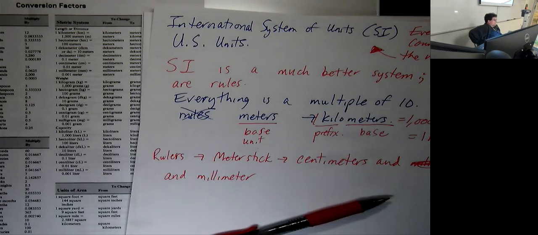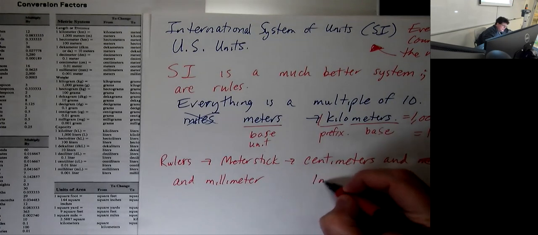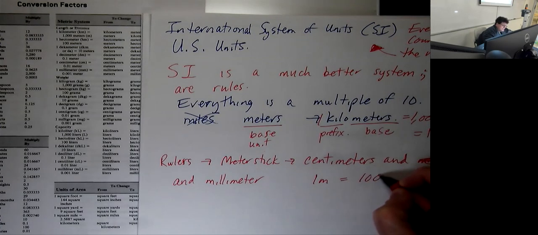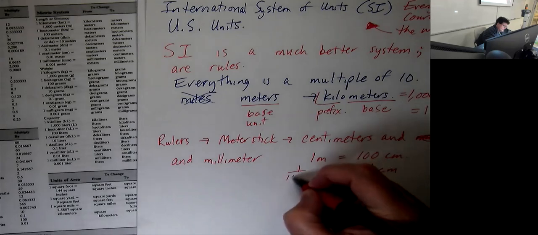Centi is like our percent. They both have cent in it. It means 1/100. So 1 meter is 100 centimeters, or 1 centimeter is 1/100th of a meter.